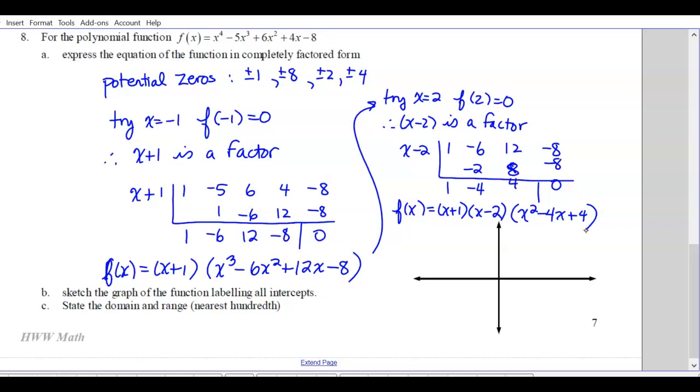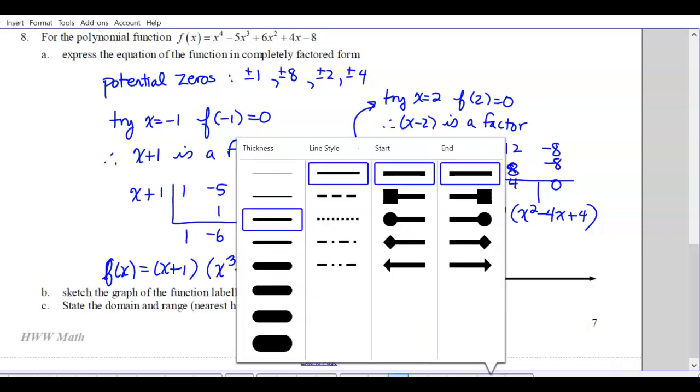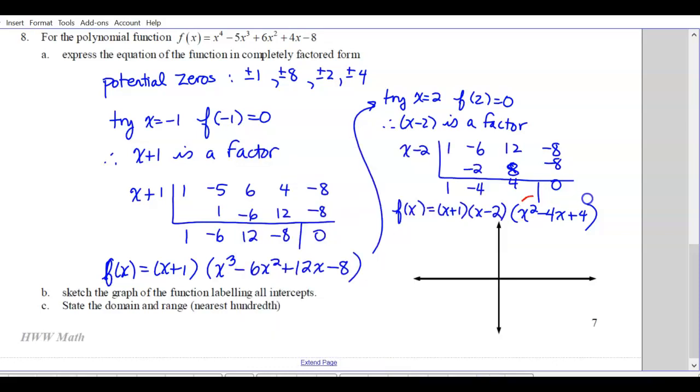All right, and that's a perfect square trinomial. So that factors to x minus 2 squared. I'm running out of space. Right, and I already have an x minus 2. So my final will be f of x equals x plus 1 times x minus 2 cubed.